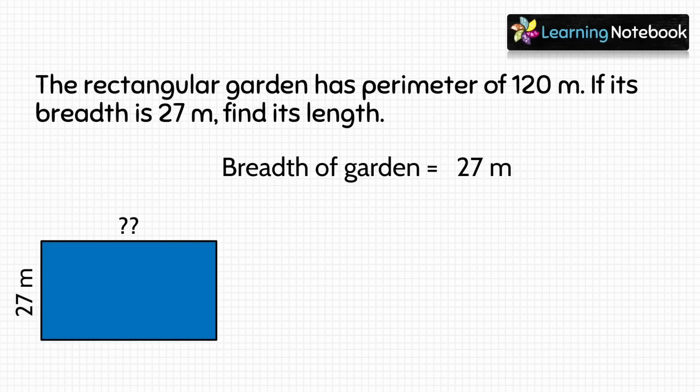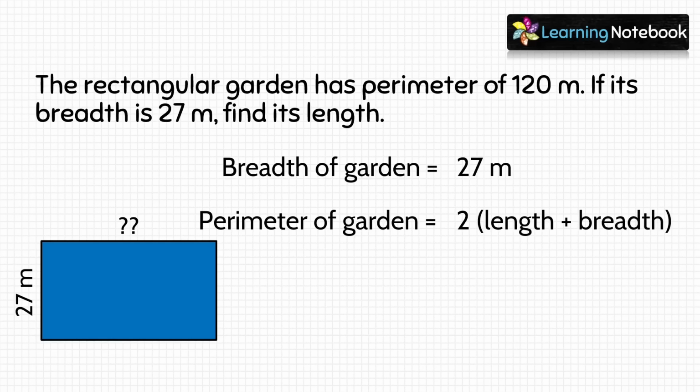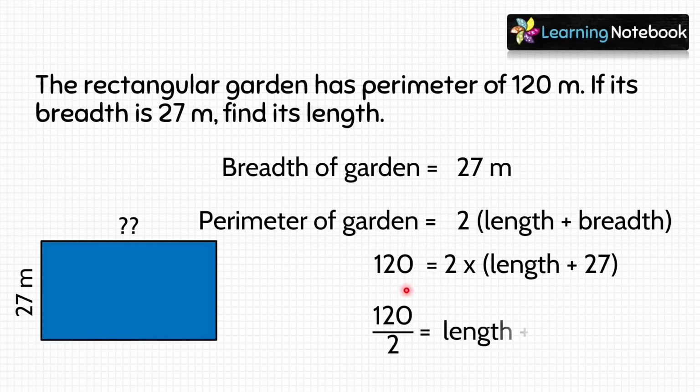Now, we know perimeter of a rectangle is 2 into (length plus breadth). So, let's put the values of perimeter as well as breadth here. We get 120 equals 2 into (length plus 27). Now, let's shift this 2 to the left hand side.